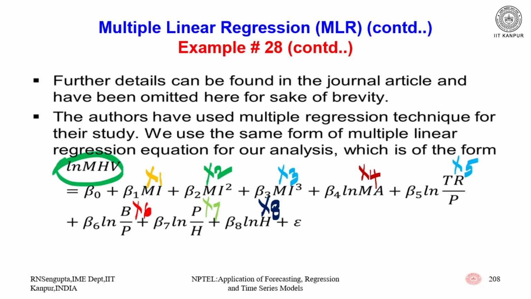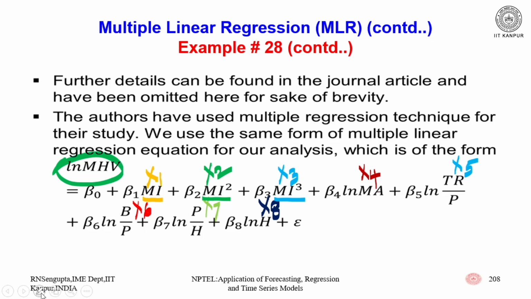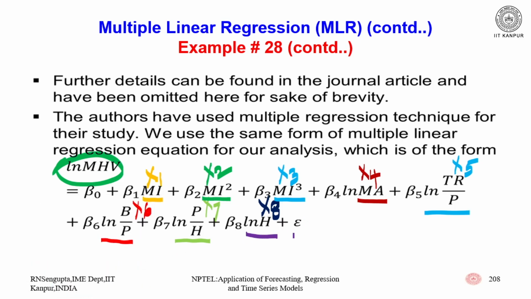variables are as follows. Again I repeat, x1 is given as MI, x2 is given as MI square, x3 is given as MI cube, x4 is given as ln of MA, x5 is given as ln of TR by P. All this explanation of what the variables are is in the slide before. x6 is given by ln of B by P, x7 is given by ln of P by H, and x8 is given by ln of H, and obviously this is an error.